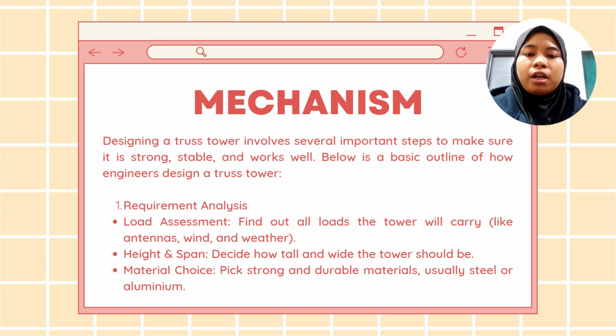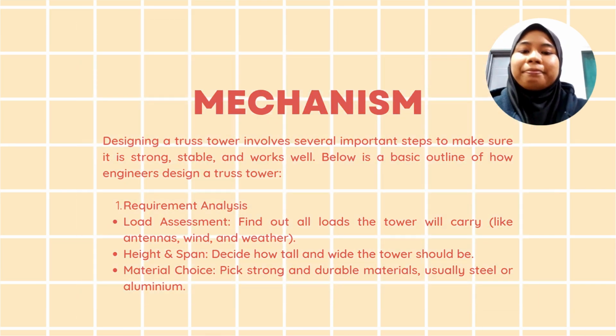Load assessment finds out all loads the tower will carry, like maintenance, wind, and weather. Next, height and span. Decide how tall and wide the tower should be. Last, material choice. Pick strong and durable materials, usually steel or aluminum.